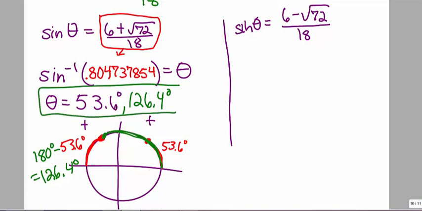So here's two solutions, and we're going to find two more solutions with the second value here for sine. So once again, my recommendation is to put this sine value into your calculator first and let your calculator already have that value stored.